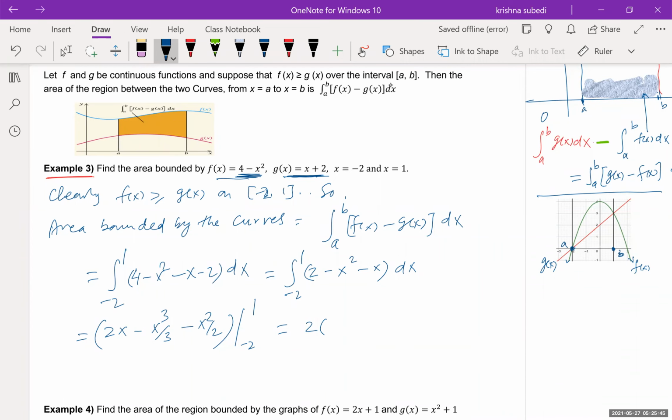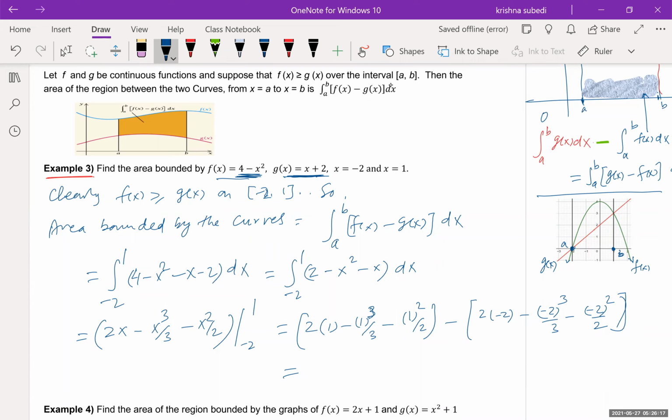You substitute the upper limit, which is 2 times 1 minus 1 cubed over 3 minus 1 squared over 2, and then substitute the lower limit, which is 2 times -2 minus -2 cubed over 3 minus -2 squared over 2. If you simplify it, I trust that you'll be able to evaluate this without any difficulty.